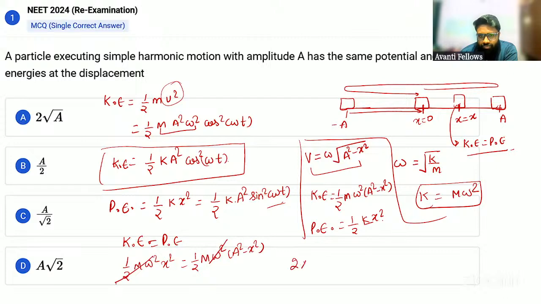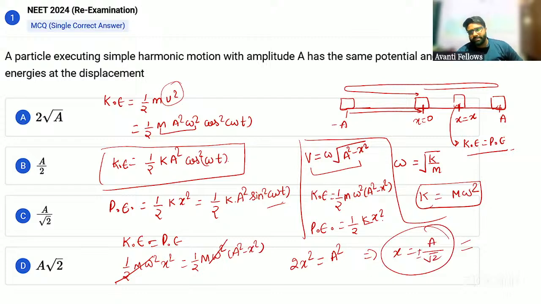It will become 2x square equals a square, which means x equals plus minus a by root 2. So if x equals plus a by root 2, at this location kinetic and potential will be equal, and the same for the negative side: at minus a by root 2 the kinetic and potential will be equal.